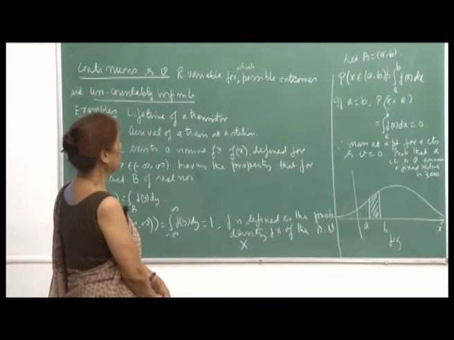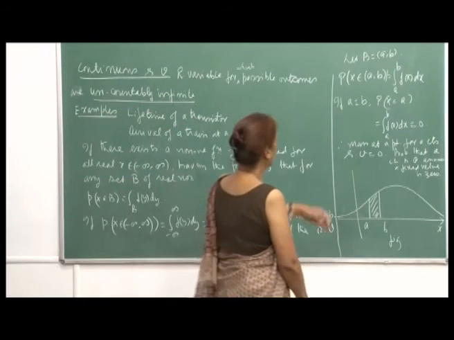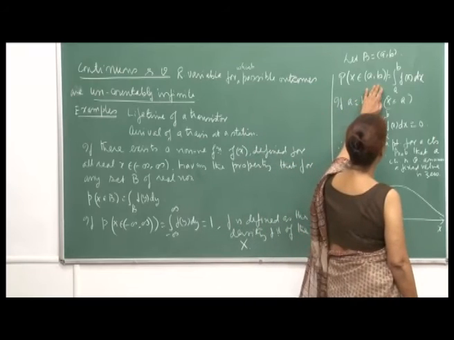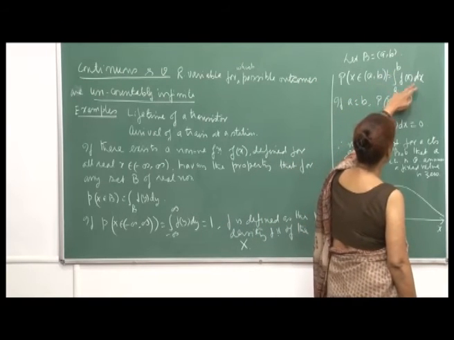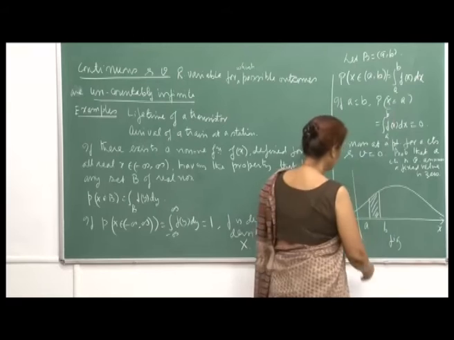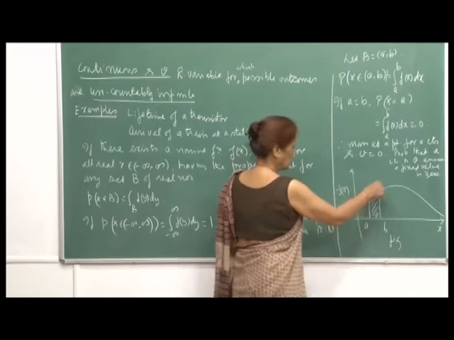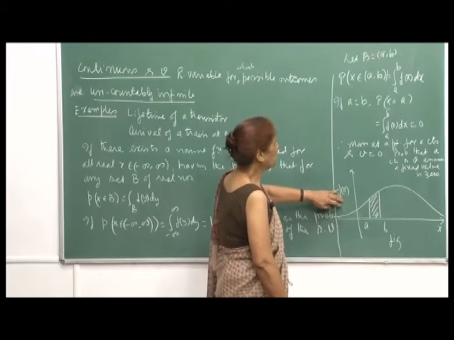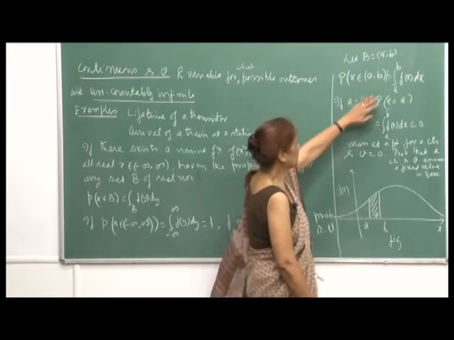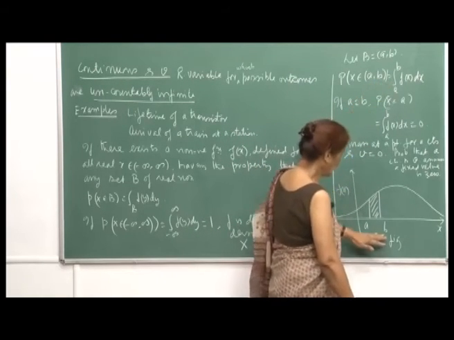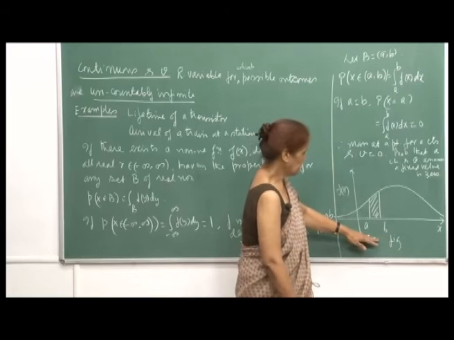Now, if B is an interval, then the probability of x belonging to (a, b) will be the integral from a to b of f_x(x) dx, and that is what I am trying to show you: if this is the curve of f_x, then this implies that it is actually the area under the curve. Right.